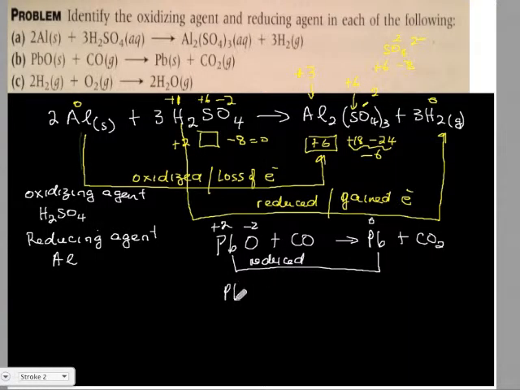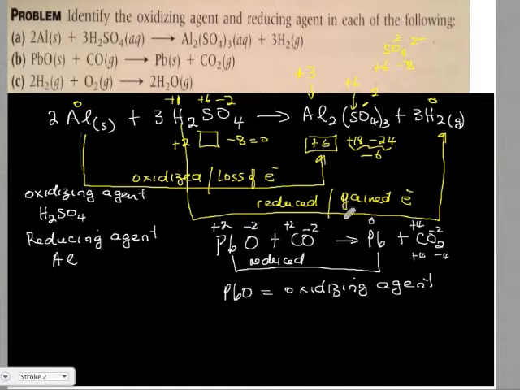So lead oxide is the oxidizing agent. This is -2, this is +2, this is -2, -4. Carbon is positive 4, and you can see that carbon went from +2 to +4, and that's oxidized. So carbon monoxide would be the reducing agent in this situation here.